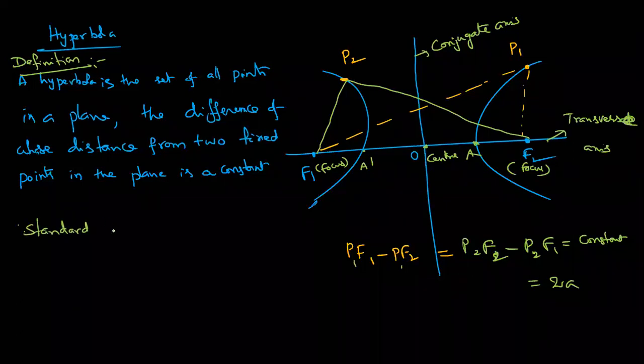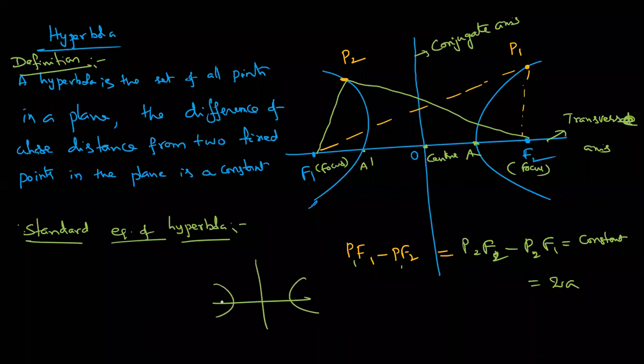Now let us see what is the standard equation of hyperbola. Clear? I'm taking a simple diagram. See, what is this? F2, F1. Choose any one point x comma y, dear students. Now, as usual, what is the case?